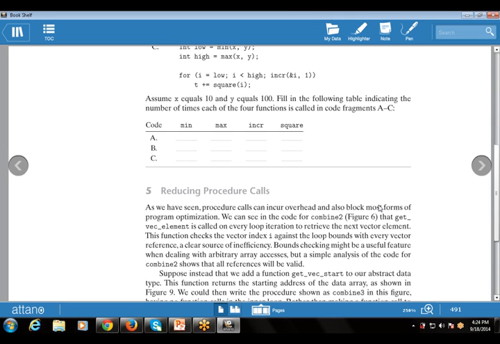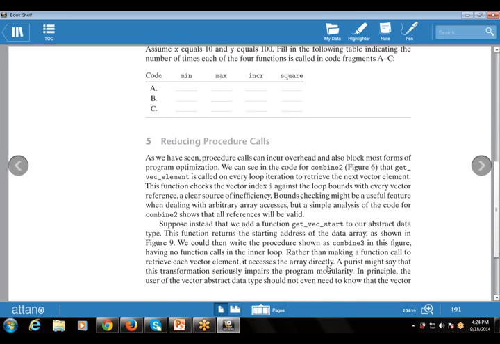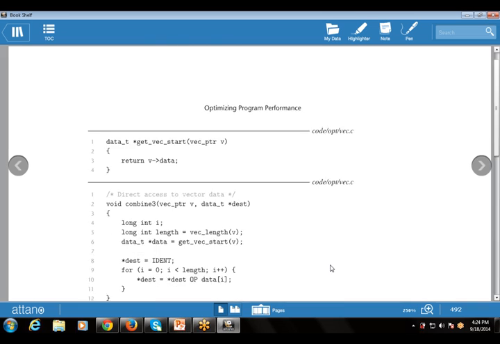Whenever we require a function, it is costly to use the procedure again and again to access the elements. So it is a better technique to reduce the procedure calls: use the function, return the output, and then use the next variable, that is, you are reducing the procedure count.